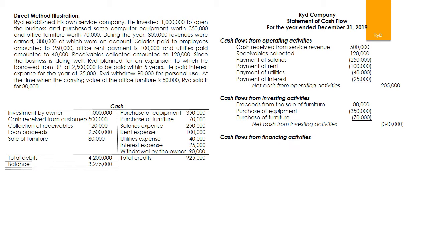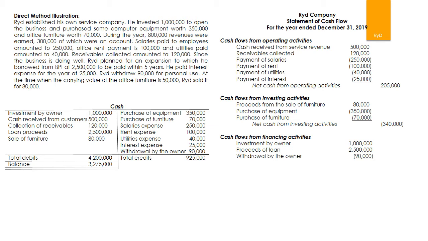Then, we proceed with our cash flows from financing activities. So, what is in financing? We have our non-current liabilities and owner's equity section. So here we have our investment by owner at 1 million. And then we have our loan proceeds at 2.5 million.